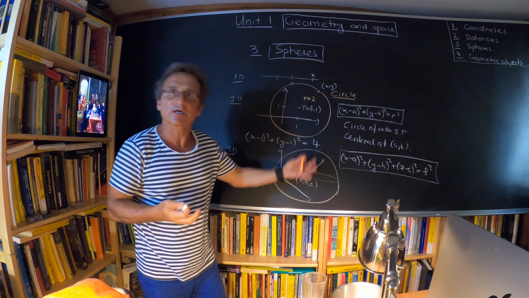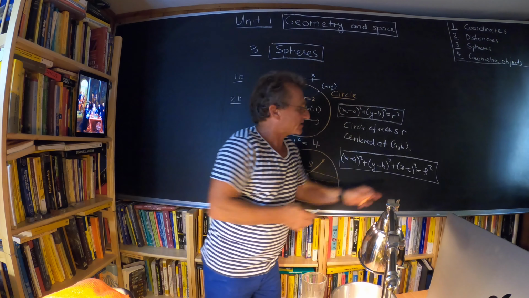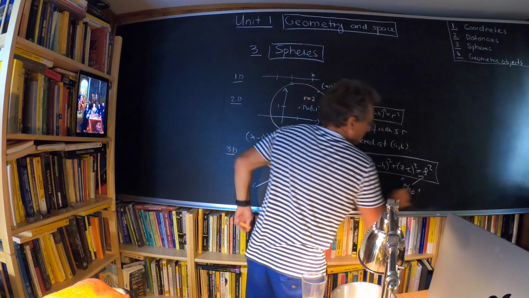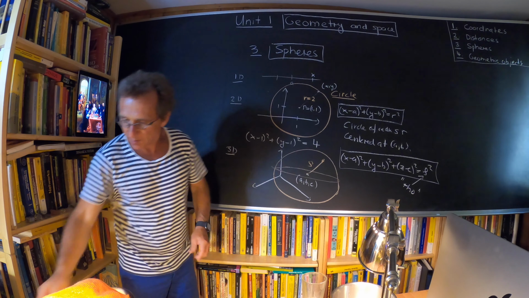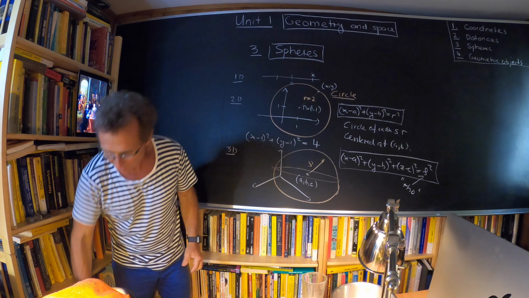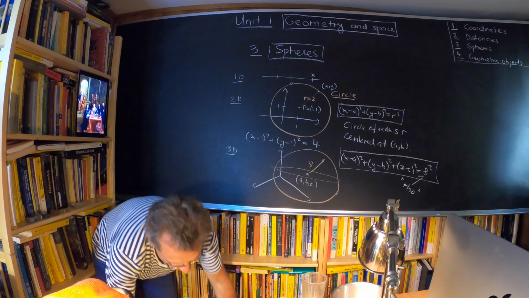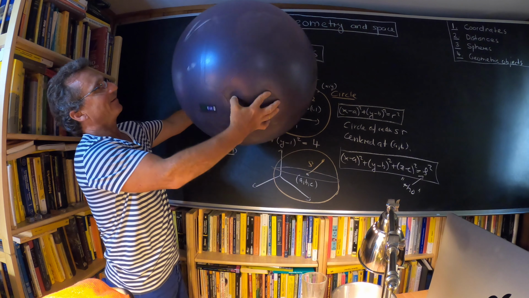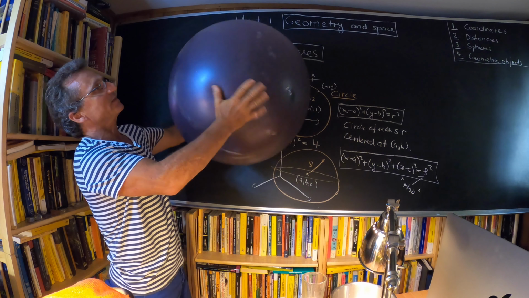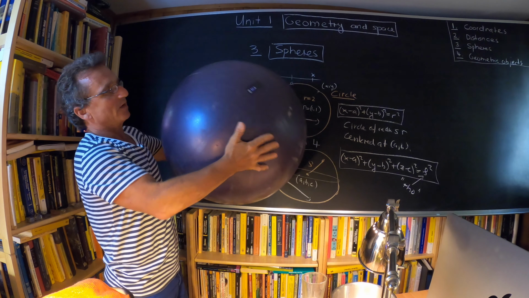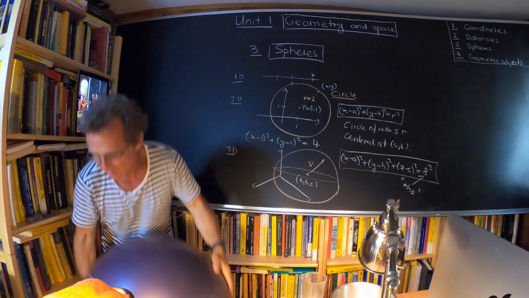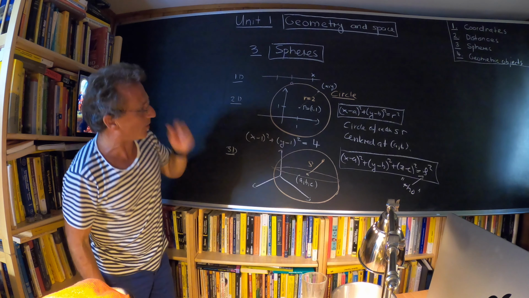A lot of Greek influence here, like this Greek letter rho. If you want to use r, that's fine, but later we will always call it rho. So I brought here a sphere. Isn't it beautiful? All the points which have a fixed distance from a point. We will look a lot at spheres in this course. It's a very important object.